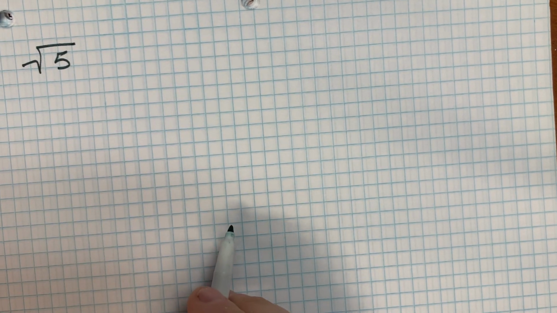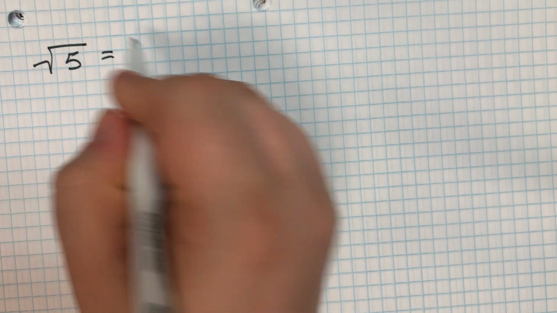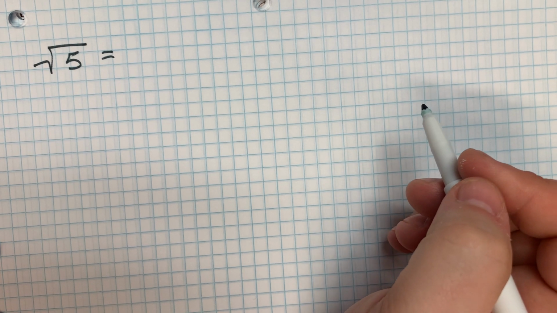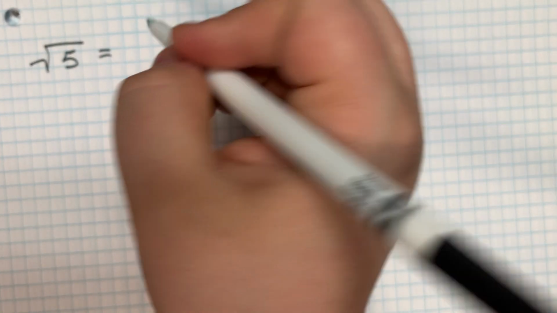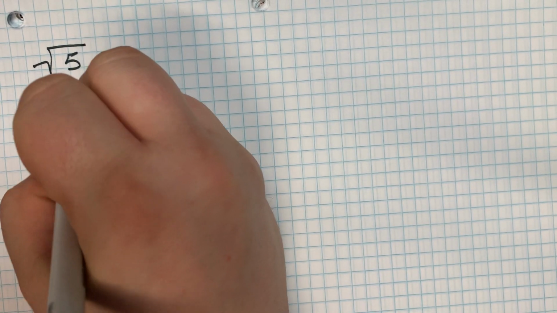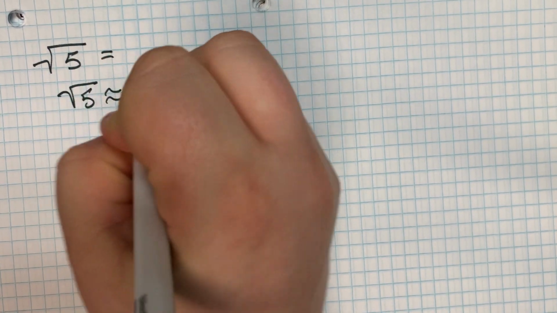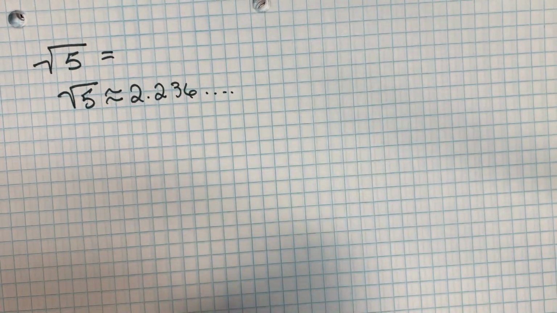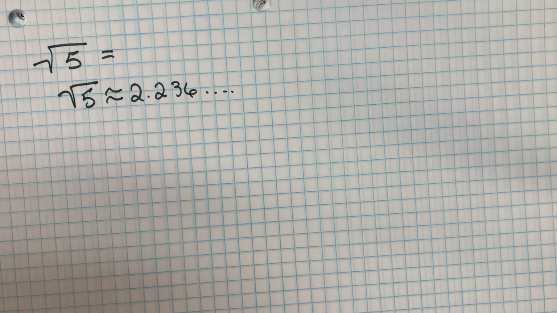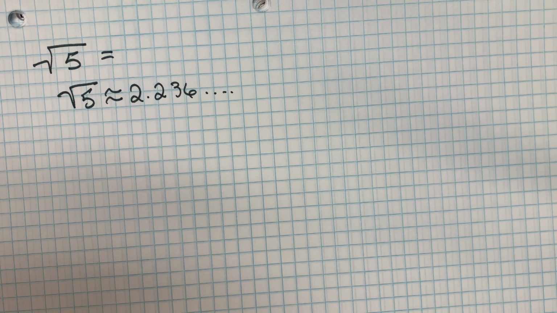If I take the square root of 5, there isn't some nice neat number that gives it. If we put it into our calculator, it's going to approximate it: the square root of 5 is approximately 2.236. But it turns out that never terminates or repeats.